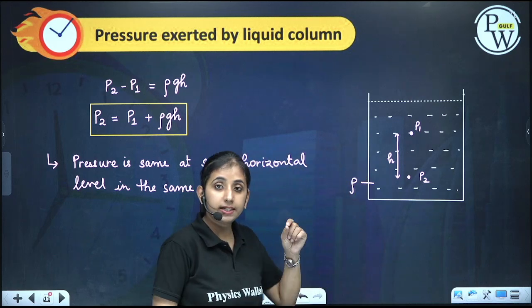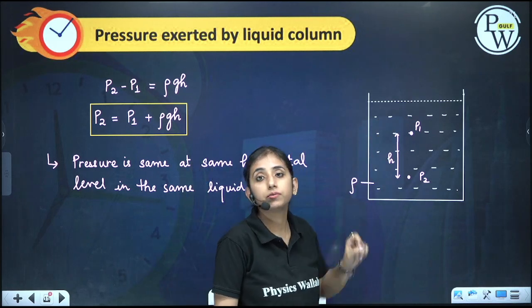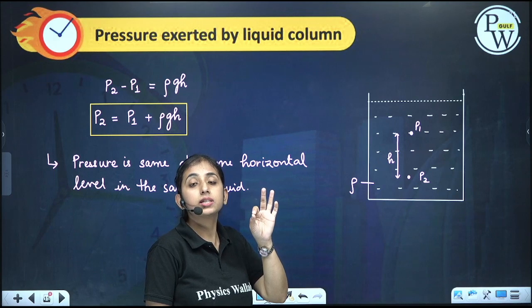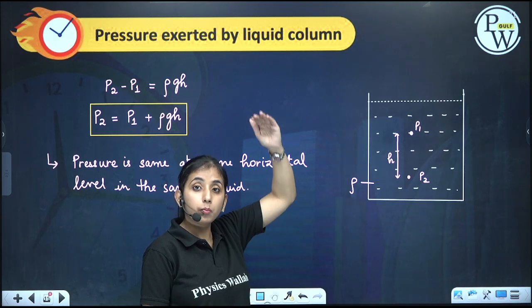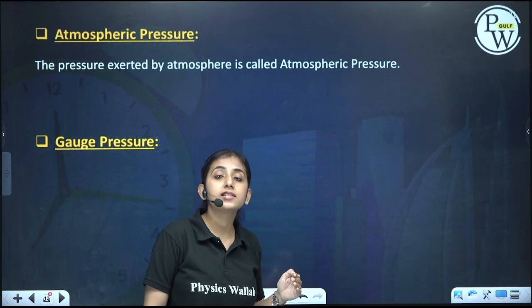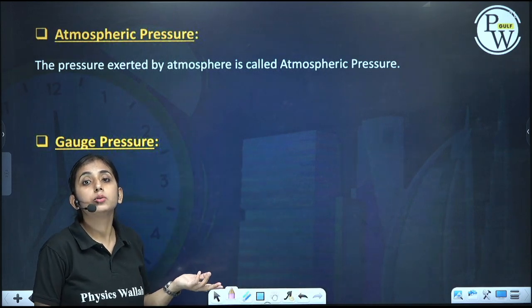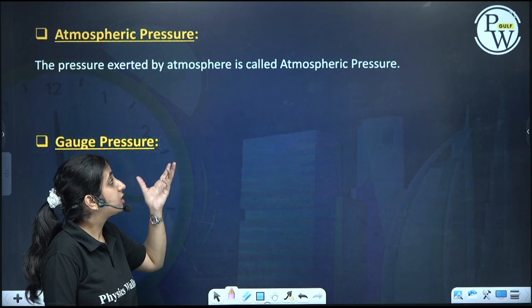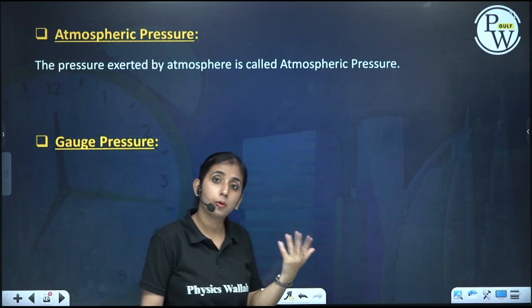Now if we take any point on the surface of this liquid, what will happen? The atmospheric column above it is exerting a pressure on this. So the pressure at this point is due to the atmosphere, and this pressure is called atmospheric pressure.